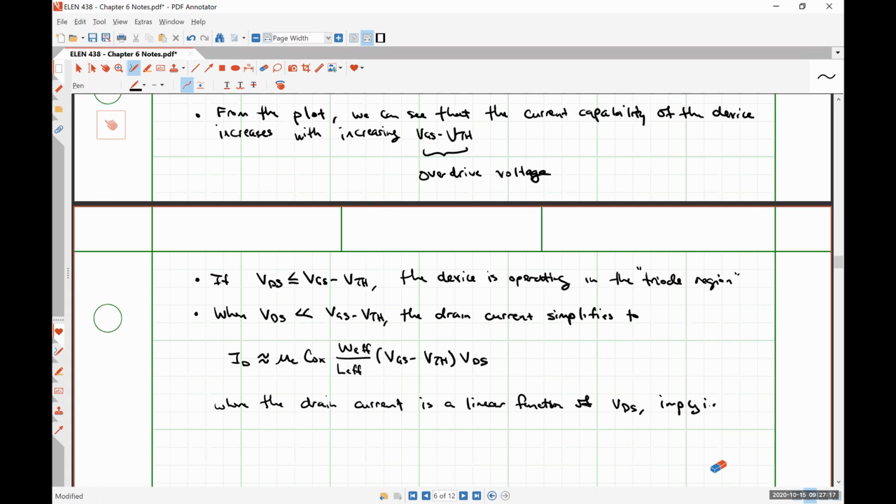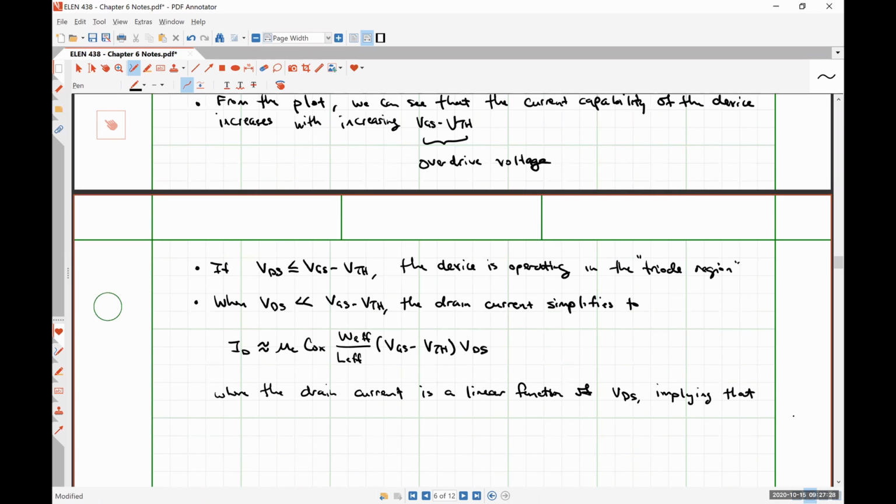Applying that, the path from source to drain may be modeled as a resistor.